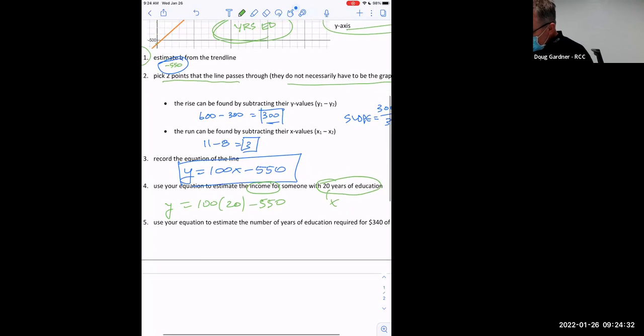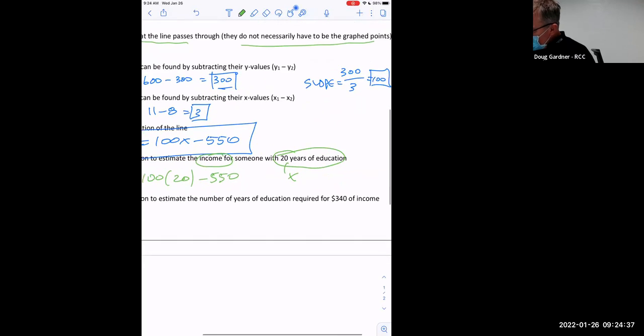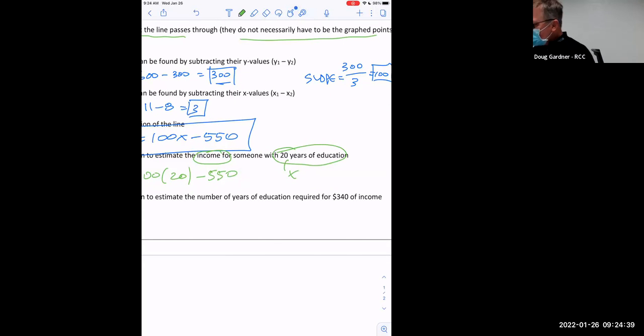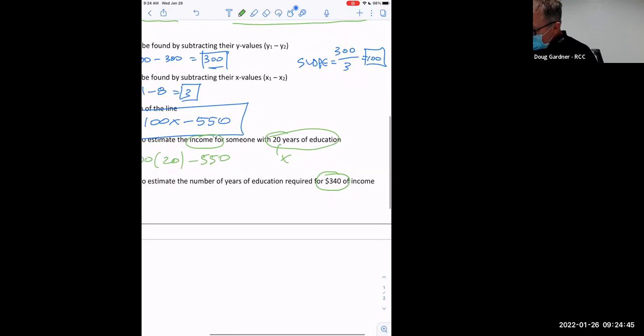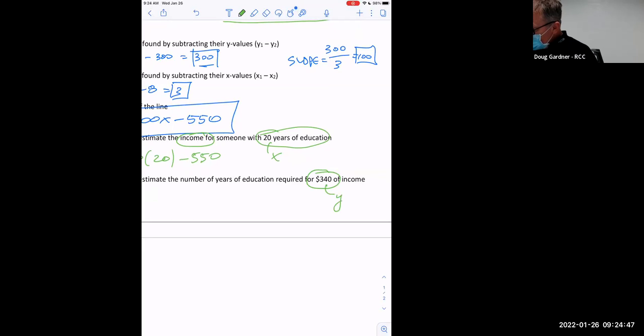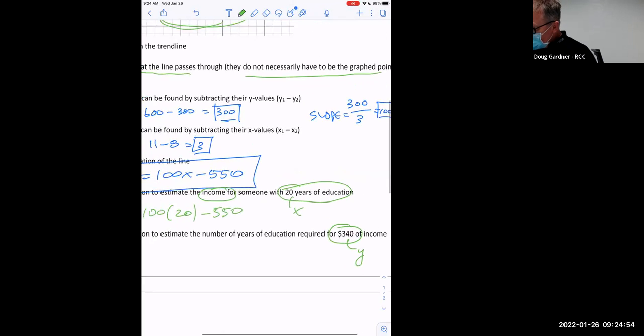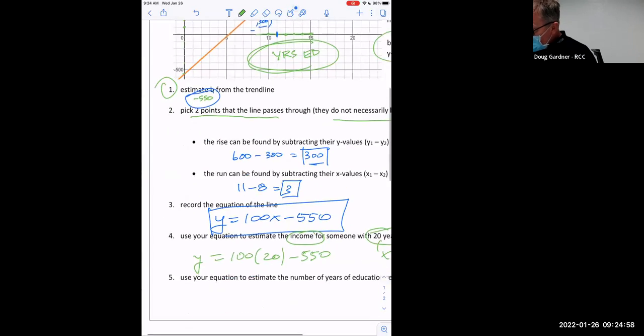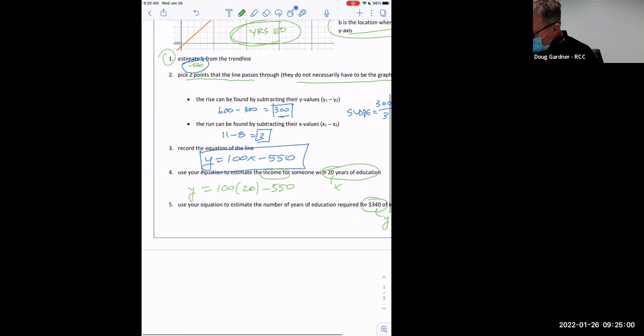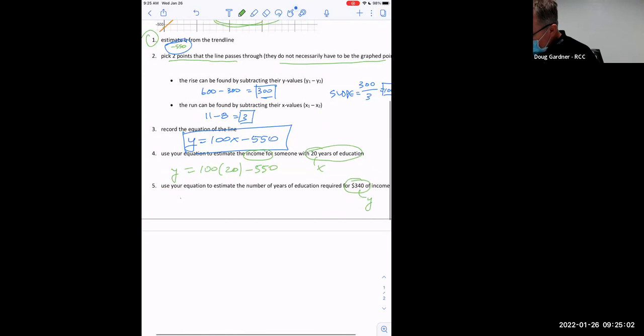The second question says, use your equation to estimate the number of years of education required. I think this is actually a more natural question, because this person wants to make 340 bucks. So that's income. You have to be able to read the equation well enough to know that, oh, $340 of income, because of the units up here, this was income. Oh, that's Y. Okay, so now I know where to plug 340 in. I've got to plug it in for Y.